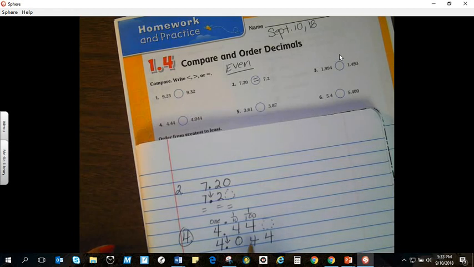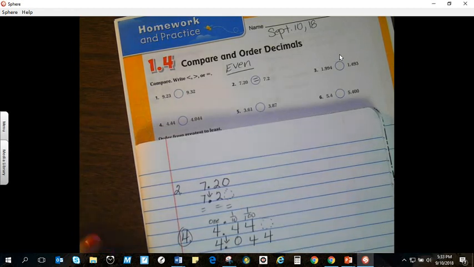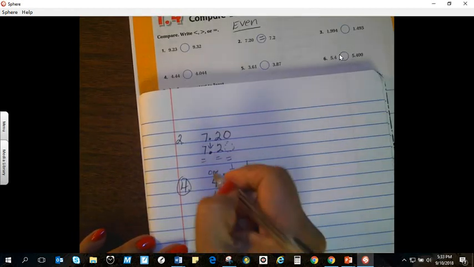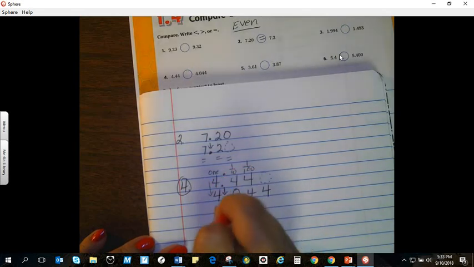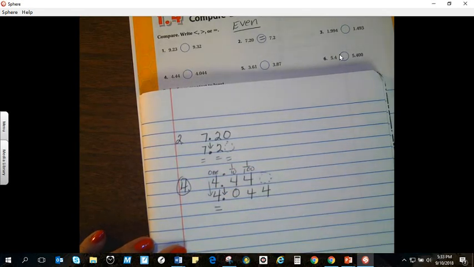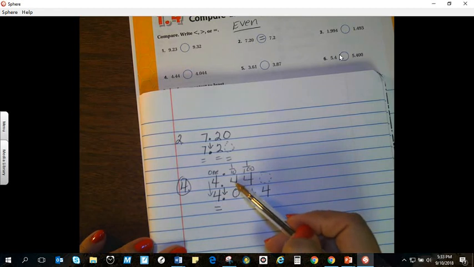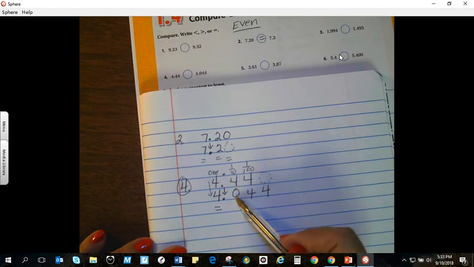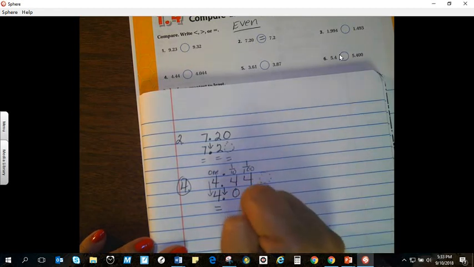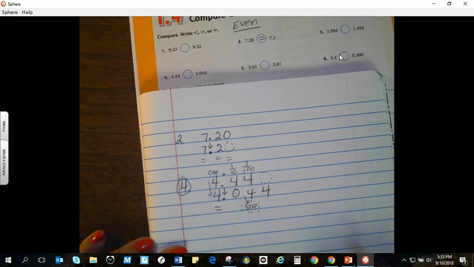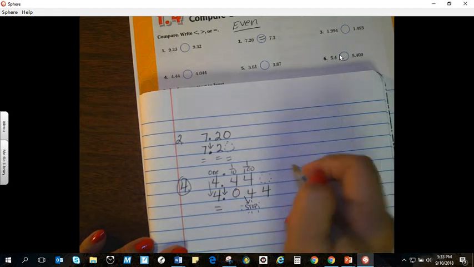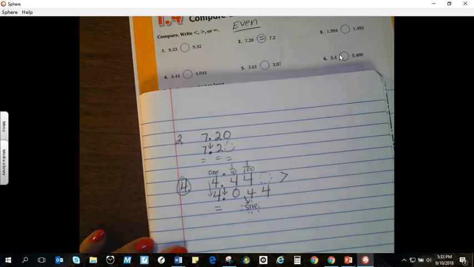Now I'm going to bring this down, and we talked about this today on how far do you go. My 4s that I bring down are equal, so I'm going to put an equal sign right below. Look at this, though: 4 and a 0. I'm going to stop because I'm done deciding on what comes next. My 4 is the greater number, so I'm going to use the greater than sign.